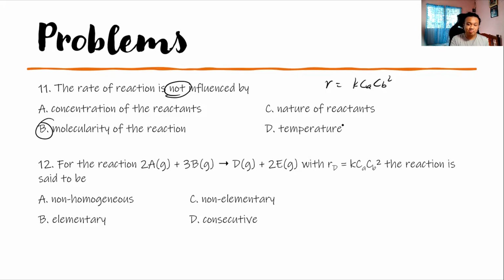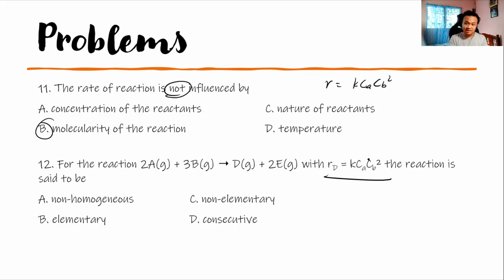And also number 12, for this reaction, we are given the reaction rate equation. So the reaction is said to be... As you can see, if you notice the exponents, right?